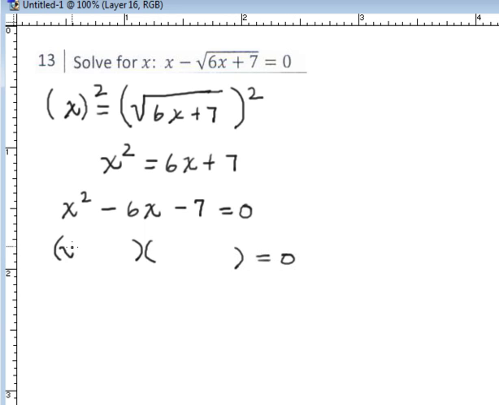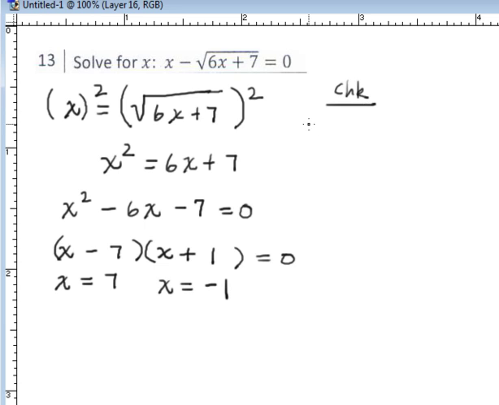This is x minus 7 times x plus 1. Let's just check the middle term. Minus 7x plus x is equal to minus 6x. So we get two possible solutions, x equals 7 and x equals minus 1. Whenever we square both sides, we must check our solutions. So let's do our check over here.